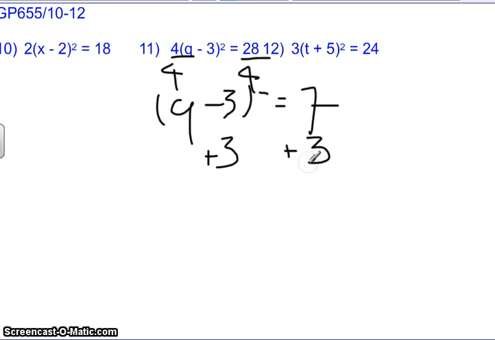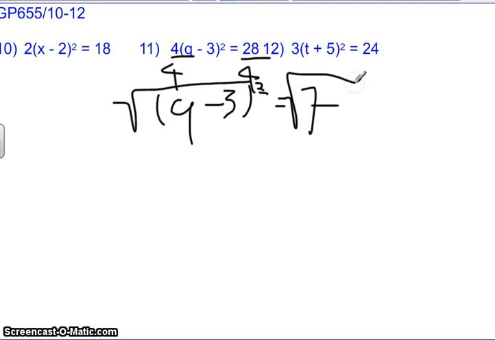What did you forget to do to both sides? This is q minus 3 squared. Okay? So what do you have to do to both sides? Good. And you have q minus 3 equals the square root of 7.